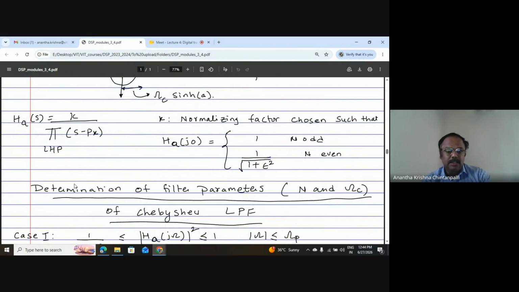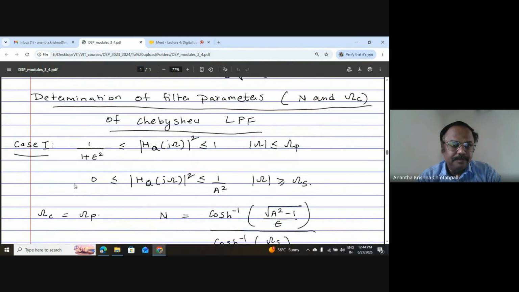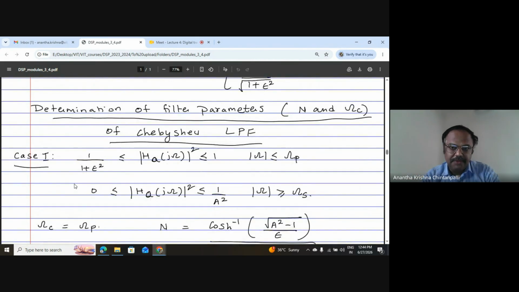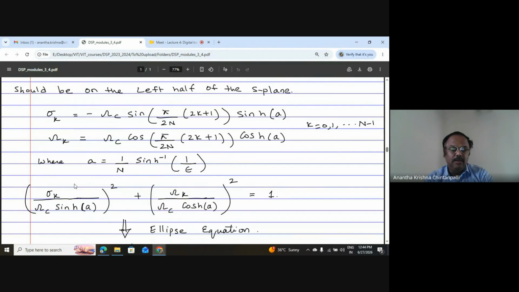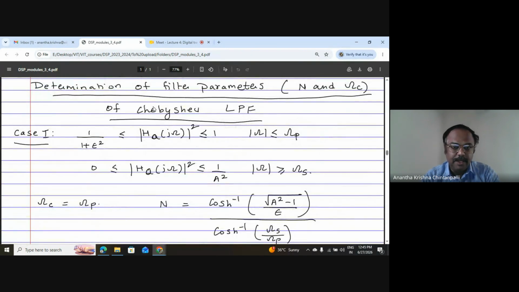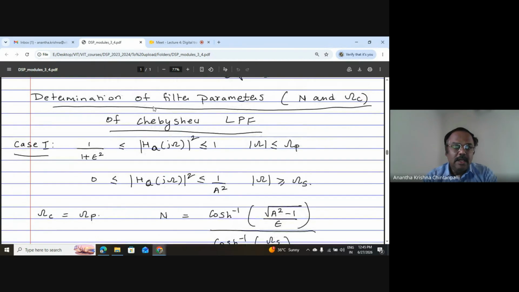So now, as before, we'll go to determination of filter parameters n and omega c of a Chebyshev low pass filter. As you can see here, in this expression, I need to know what is my n and what is my omega c. But by this point, you should have an idea that omega c is equal to omega p in a Chebyshev. So my design specification can be in a linear scale.